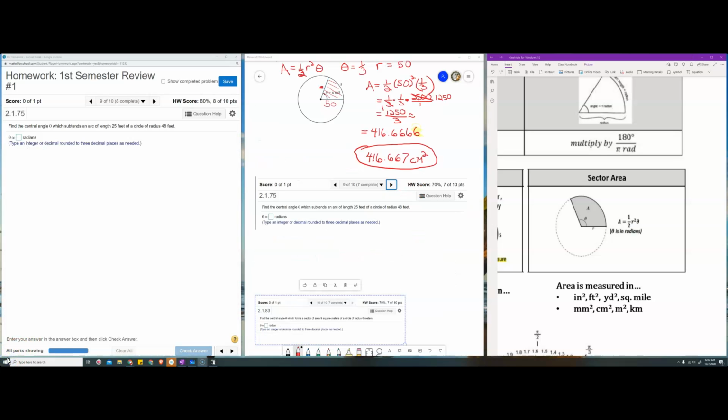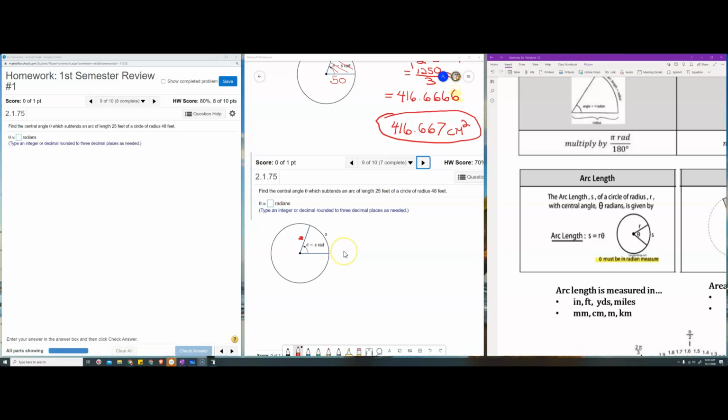Question 9. Find the central angle which subtends an arc of length 25 feet of a circle with a radius of 48 feet. So we know our radius here is 48 feet. We know the length of the arc is 25 feet.